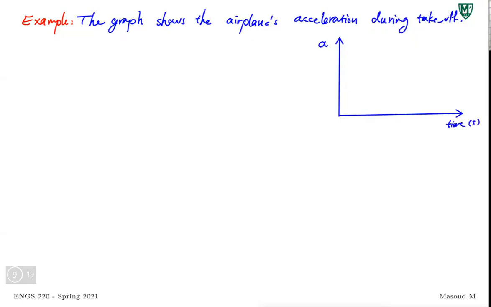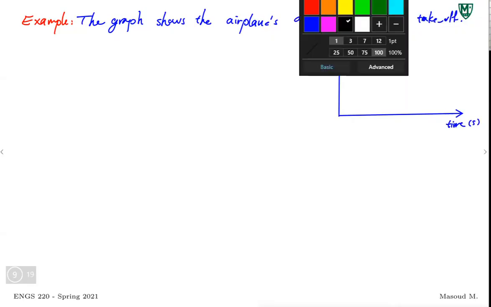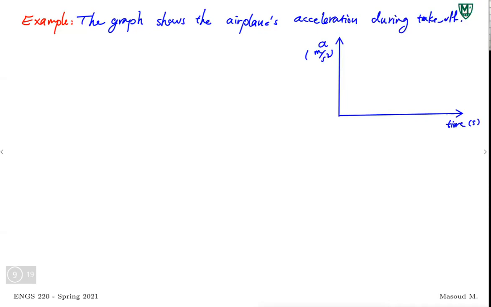I usually don't put units, which is not a good practice. Then we have a straight line right there and a horizontal line right here. This would be 1, in meters per second squared, and this is 4.